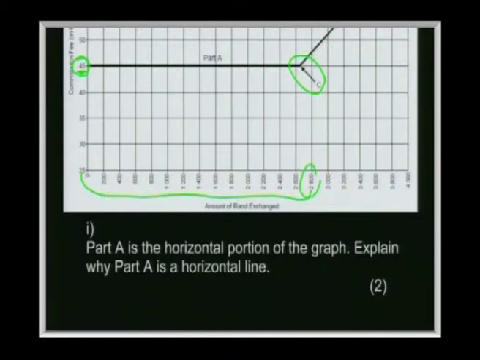So we know that at about 2,800 Rand, or just a little bit less than that, well, 1.7% of 2,800 Rand becomes more than 45 Rand. So part A is horizontal because that's the minimum fee. 1.7% is less than 45 Rand, but because 45 Rand is our minimum fee, we'll always have to be paying 45 Rand. That's our horizontal part.